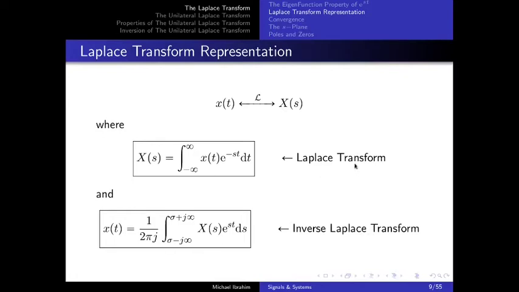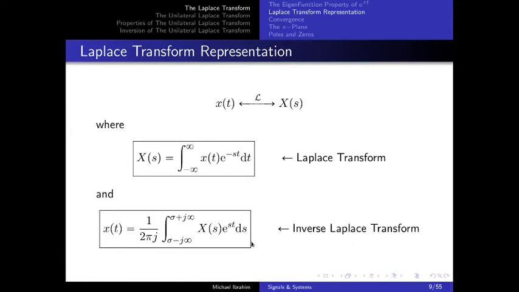So for the Laplace transform equation, you have a time domain signal and you want to find X of s, its Laplace domain representation. And for the inverse Laplace transform, if you have X of s, now you need to find the corresponding time domain signal. Again, we will not be using this definition. We will actually be using a different approach to find the inverse Laplace transform.